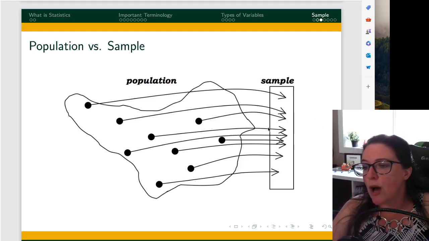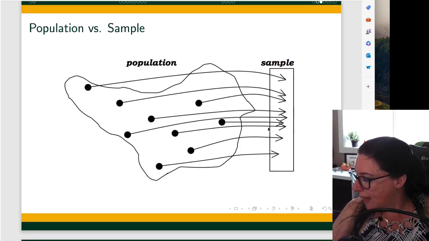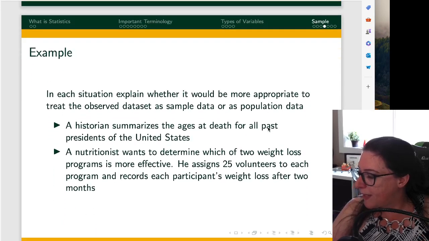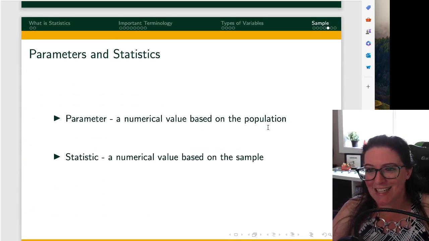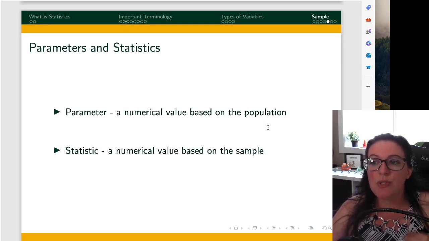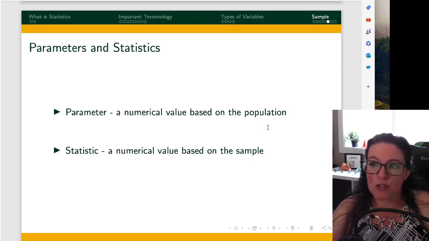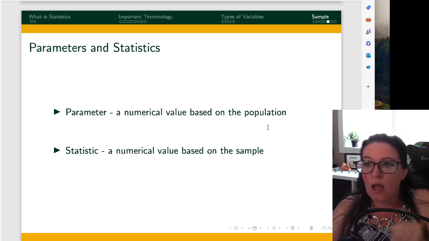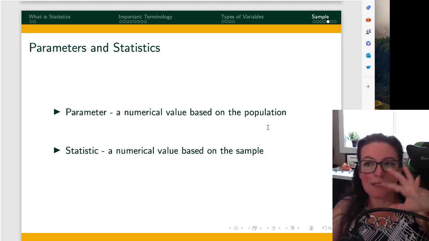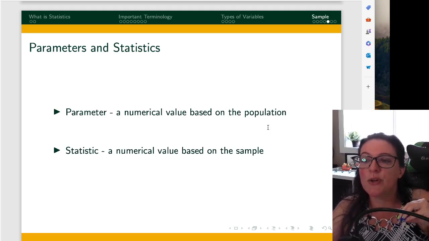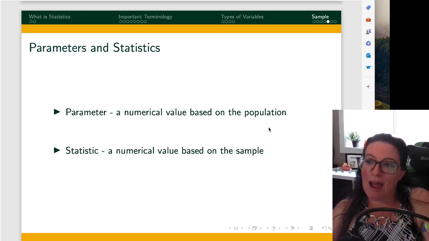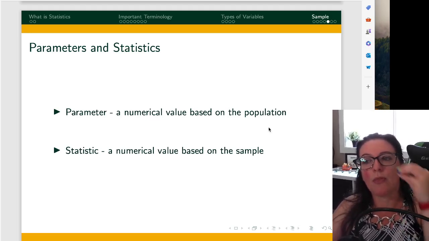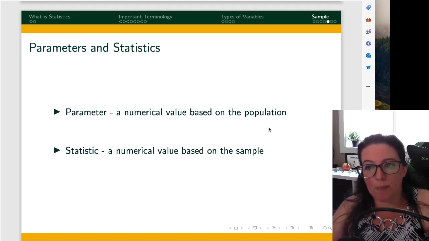So the reason we're talking about population and sample here is because we want to get into the idea of parameters and statistics. As we start to summarize information about the sample, and we want to extrapolate and say things about the greater population, we need to specify whether that summary statistic, like an average, is about the sample or is about the population.